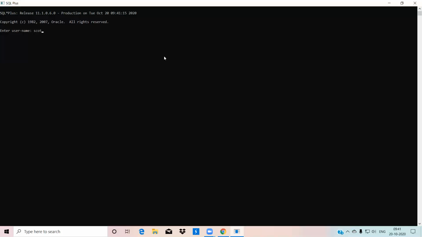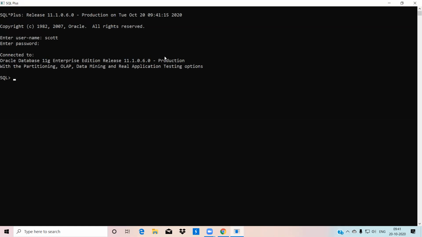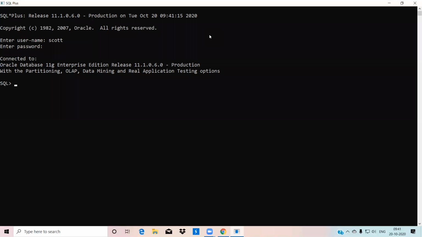Username is Scott and password is Tiger. I have already connected to my database now. So now we are going to work on joins. What is this join actually?